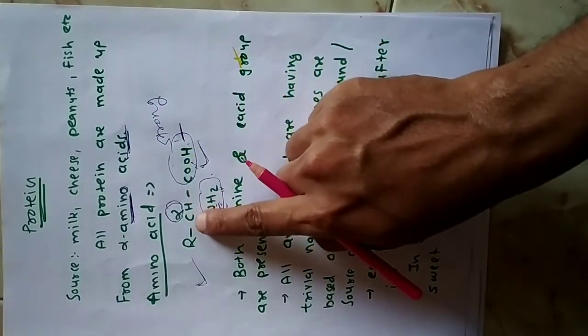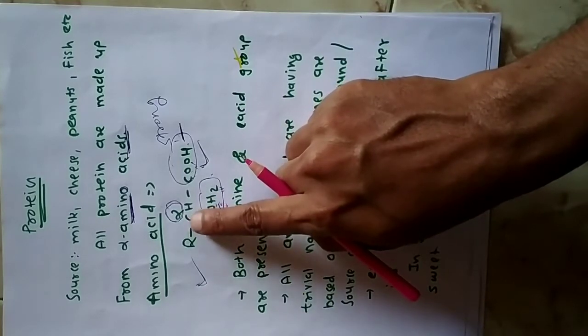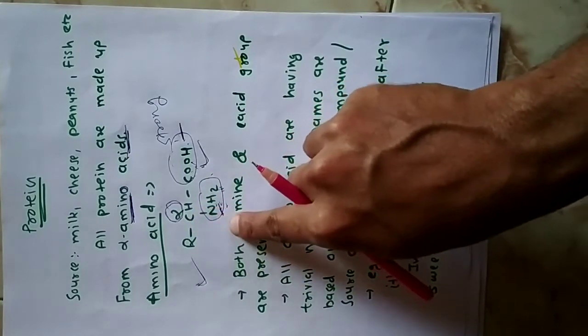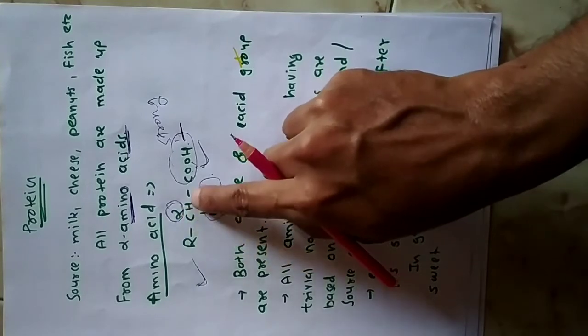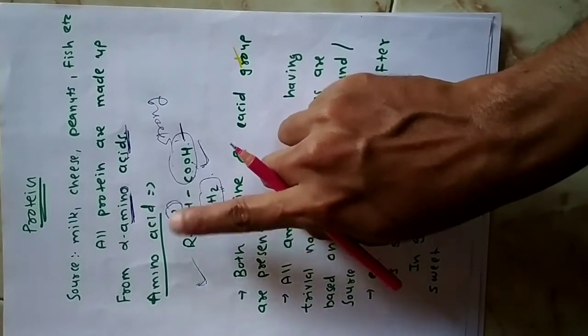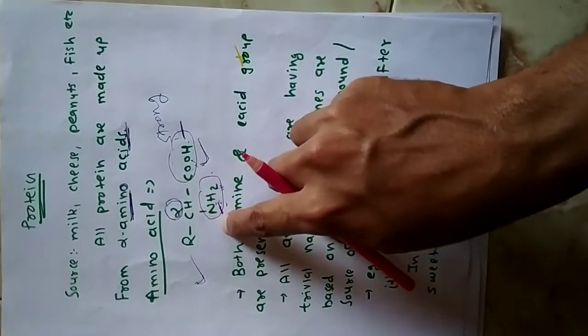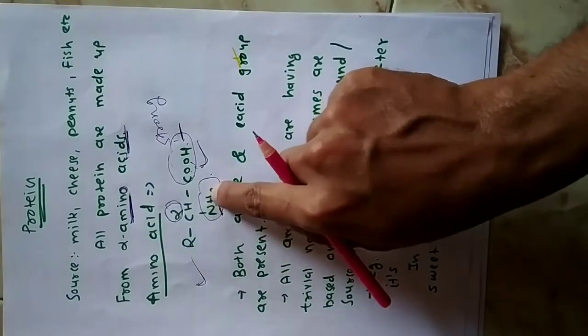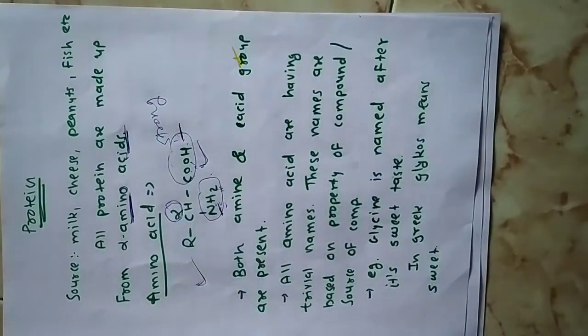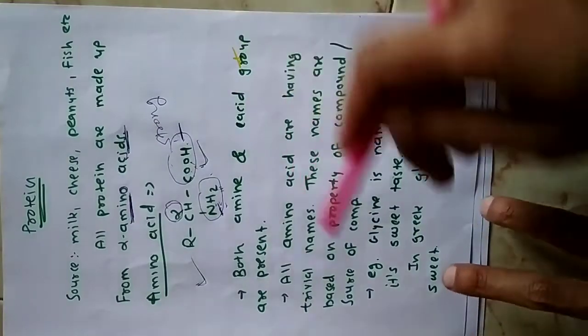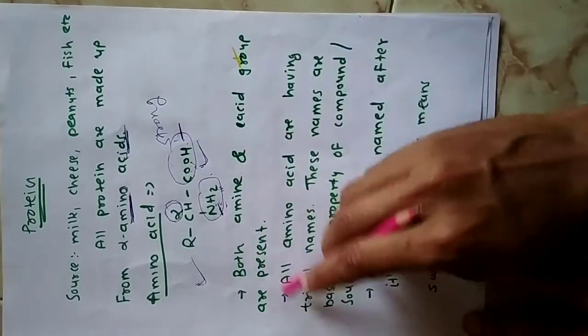Adjacent to that group, this CH is there. Now it has an NH2 group on it. This CH is called the alpha carbon and it has an NH2 group, so this structure is called an alpha amino acid. Both amine and acid groups are present.